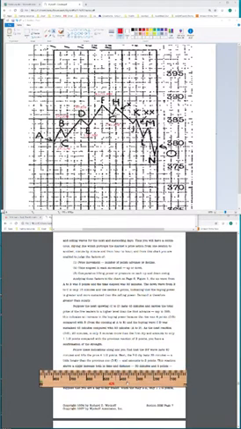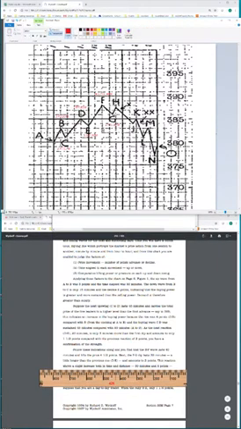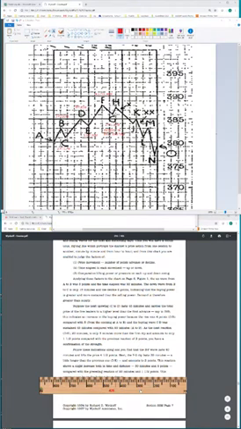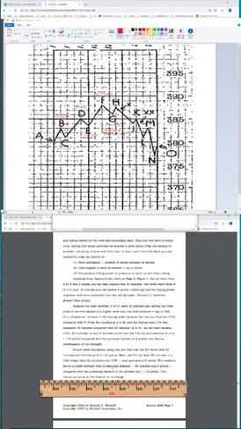This reaction shows an increase in time and price. Right there's your increase in price and time. This warns you to look out for a change.